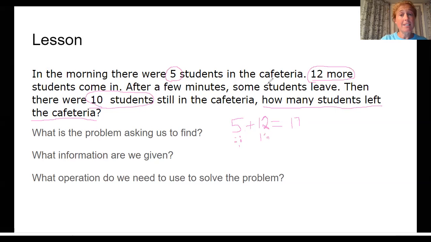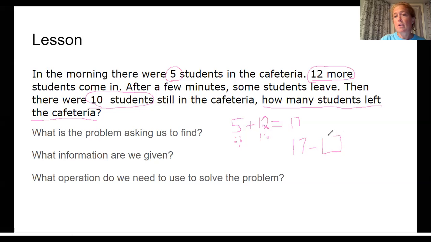But after a few minutes, it says some students leave. So we don't know what that number is, but we know that once they've left, there are only 10 students still in the cafeteria. So our unknown equation is 17 minus, because they're leaving, right?